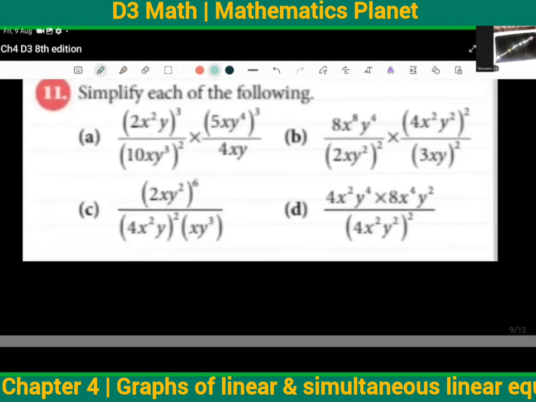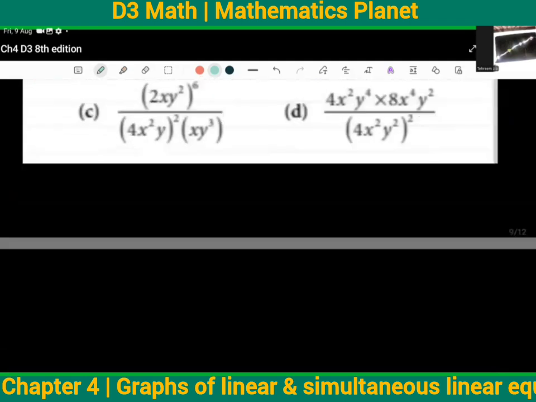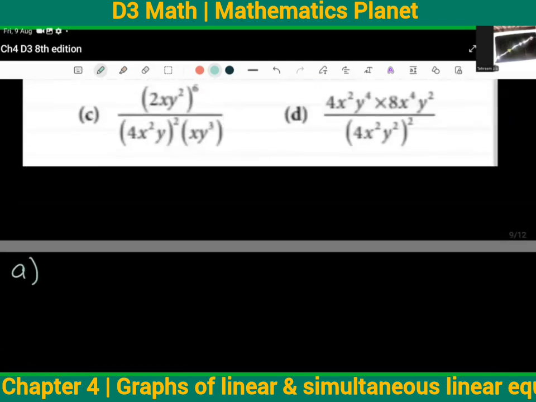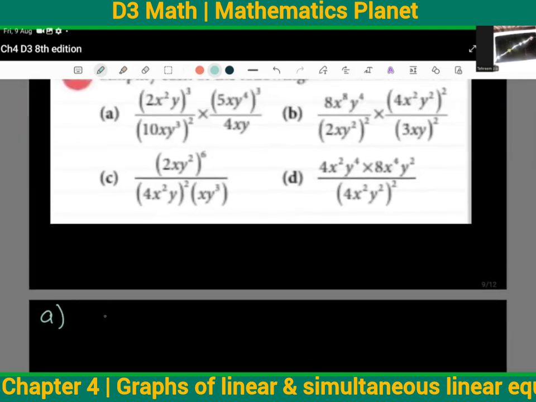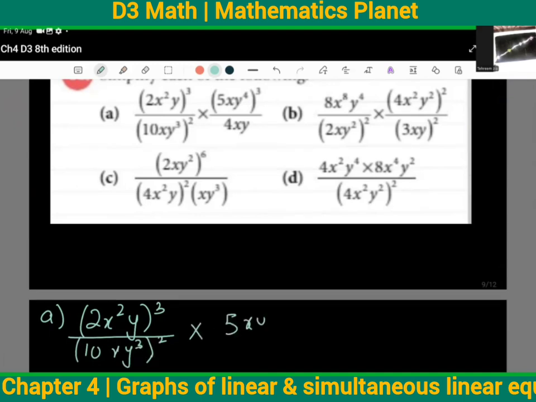Simplify each of the following. Part A. (2x²y)³ divided by (10xy³)² multiplied by (5xy⁴)³ divided by 4xy.